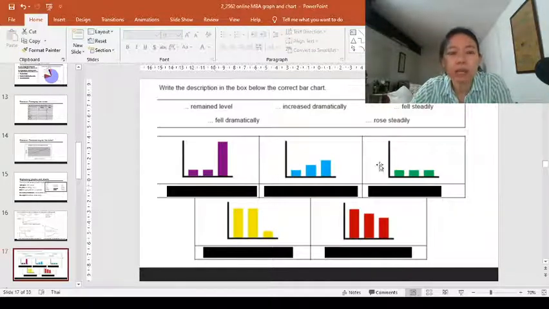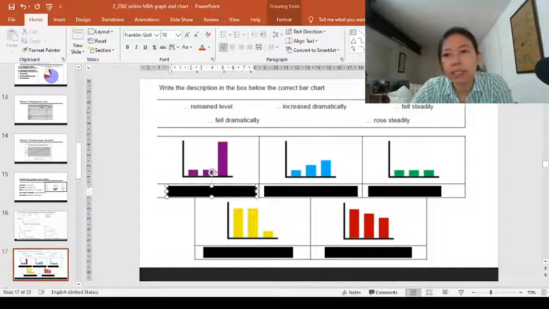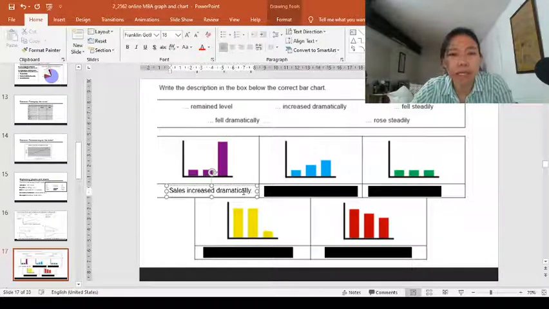So here, let's look at the bar chart, okay? With these two bar charts, we use sales as the subject. You can say that sales stay the same and then increased dramatically. So you can write something like this: sales increased dramatically.